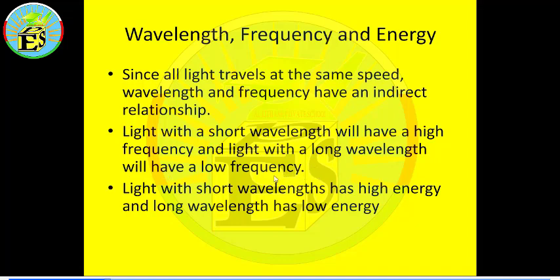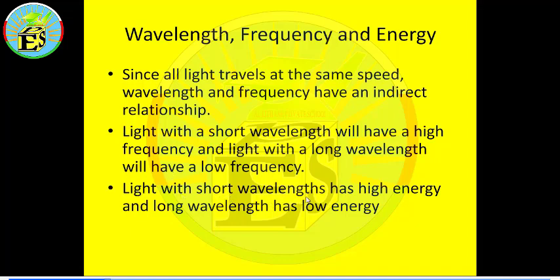This is because the speed of light is a constant, equal to what? Yes, 3 × 10^8 meters per second. So if the wavelength decreases, frequency increases, and if wavelength increases, frequency decreases. The product of frequency and wavelength must be a constant.